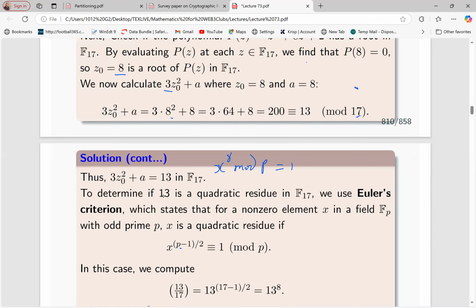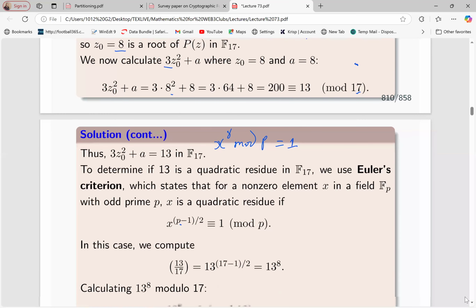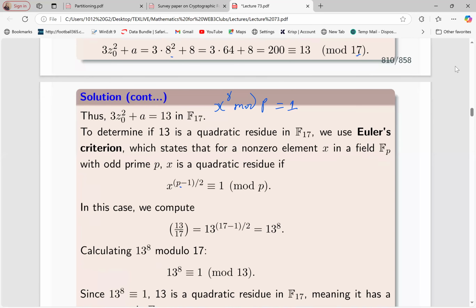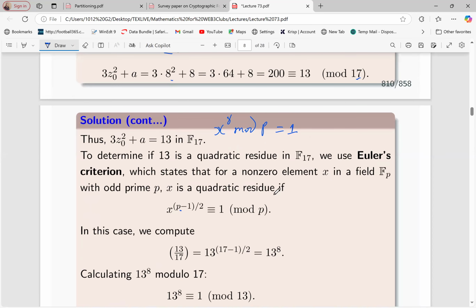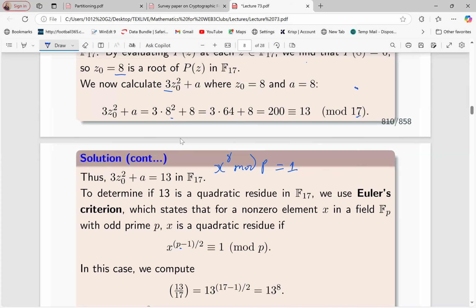If the result is 1, then that number has a square root. But if the result is -1, then that number has no square root. So that is what we want. In this case, we want to determine whether the value we've just obtained, which is 13, has a square root.